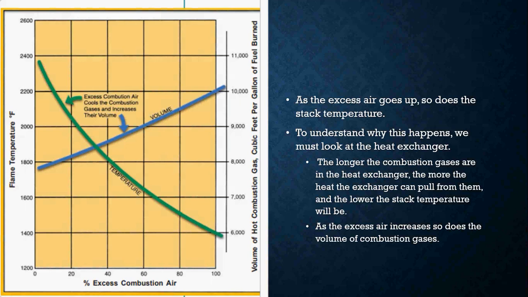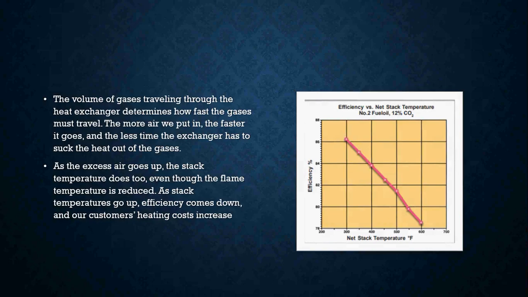As the excess air increases, so does the volume of your combustion gases, as you can see on this chart here. So it's really important, again back to combustion, that we have the correct air-fuel mixture.